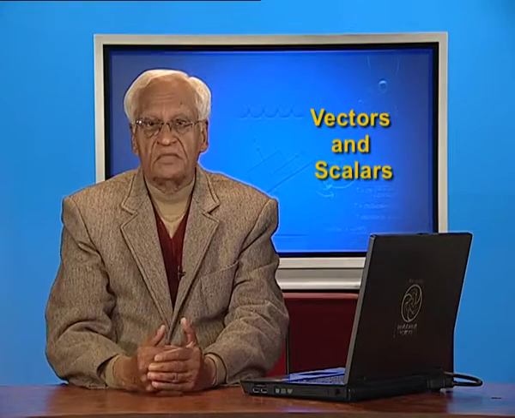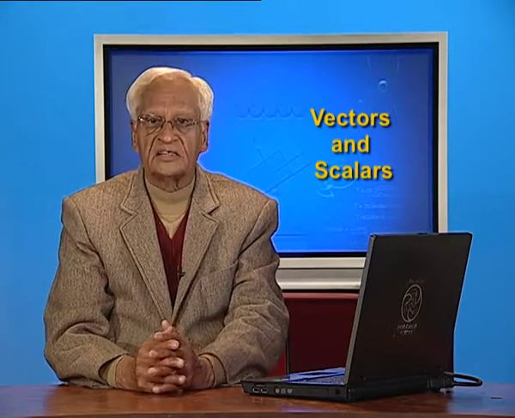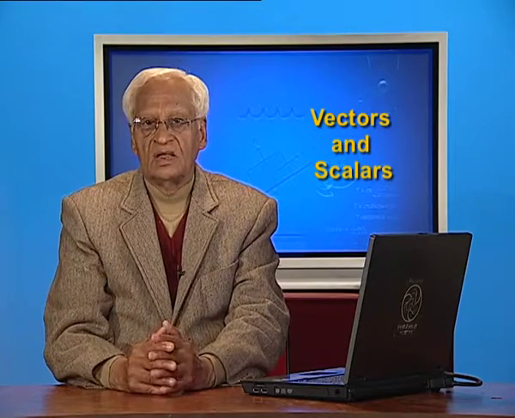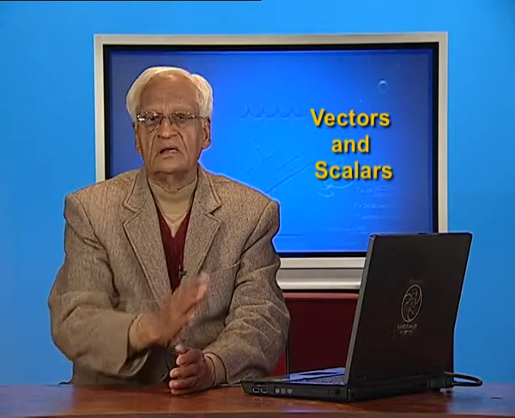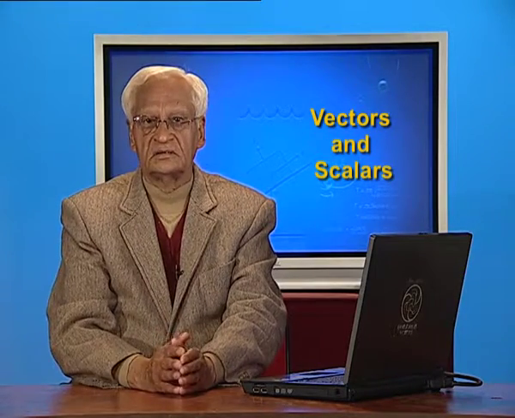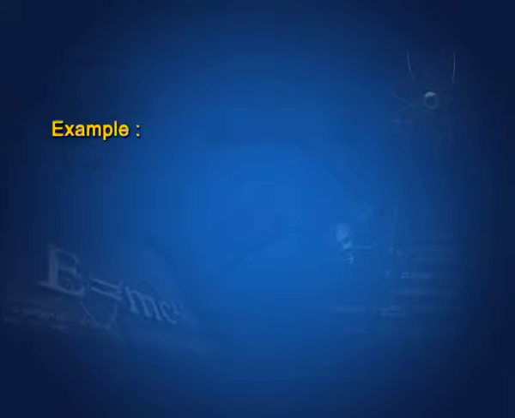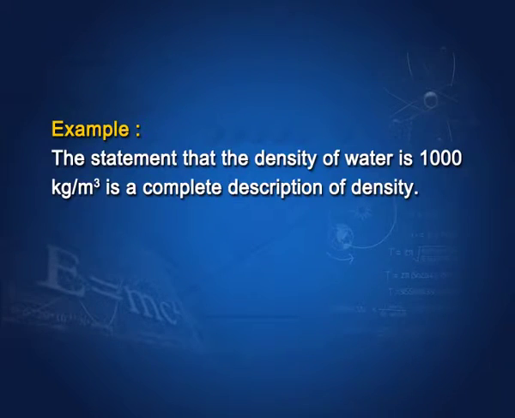So, in physics we come across two kinds of quantities. One kind is such that we need not state anything else except the magnitude expressed in proper units. The examples are, as I said earlier, height and mass. Another example is the density of water. You state that it is 1000 kilogram per meter cube.